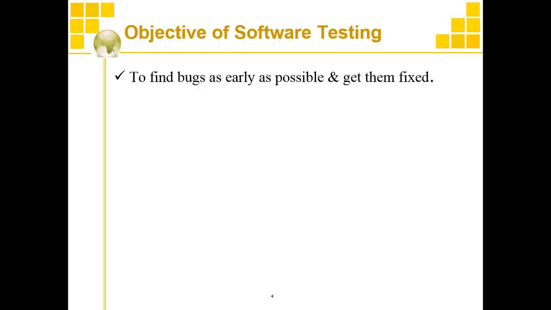We need to identify that as testers. So the main objective is to find bugs, which is most important for testers. If a tester is not able to find bugs, then it is difficult for him or her to work.